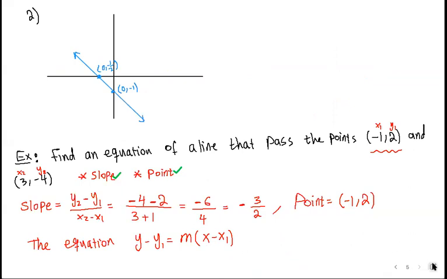Okay, so let me go to the next slide. So y minus y1 equals slope times x minus x1.